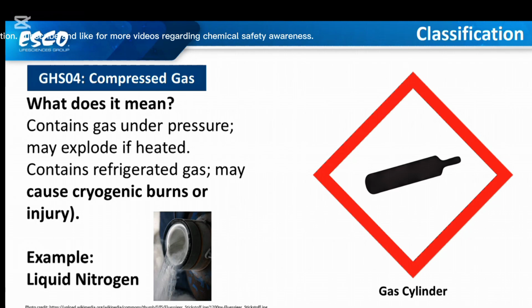So this alerts the users in the lab to potential danger like explosion if heated or cryogenic burn from refrigerated gases, as you see on this slide. So the sign is a gas cylinder, as you see on this illustration.